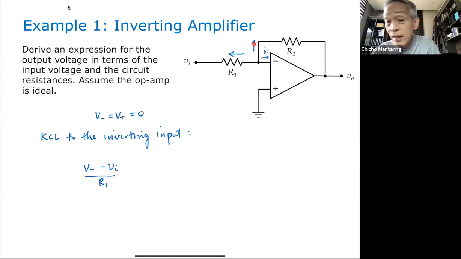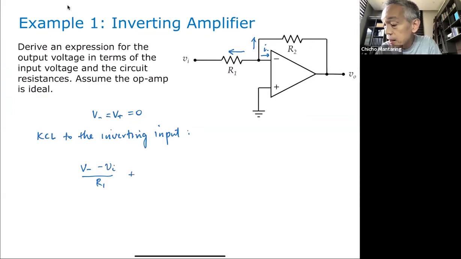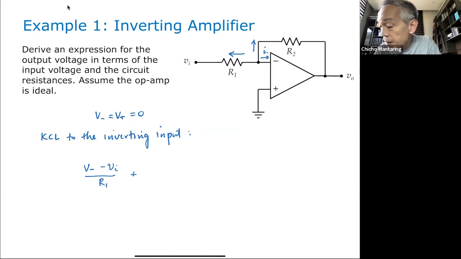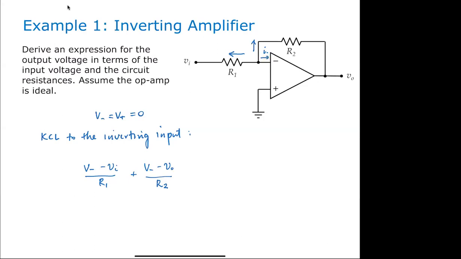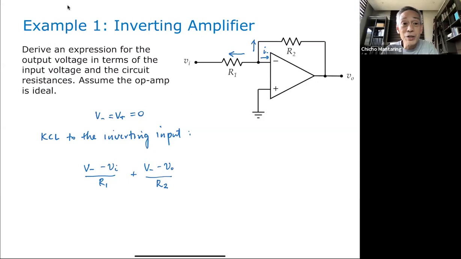This current here, going up, that is plus V minus VO all over R2. And then what is this current? What is the current of this one? 0. That's zero, because that's one of the golden rules of your ideal op-amp. So this should now be equal to 0.